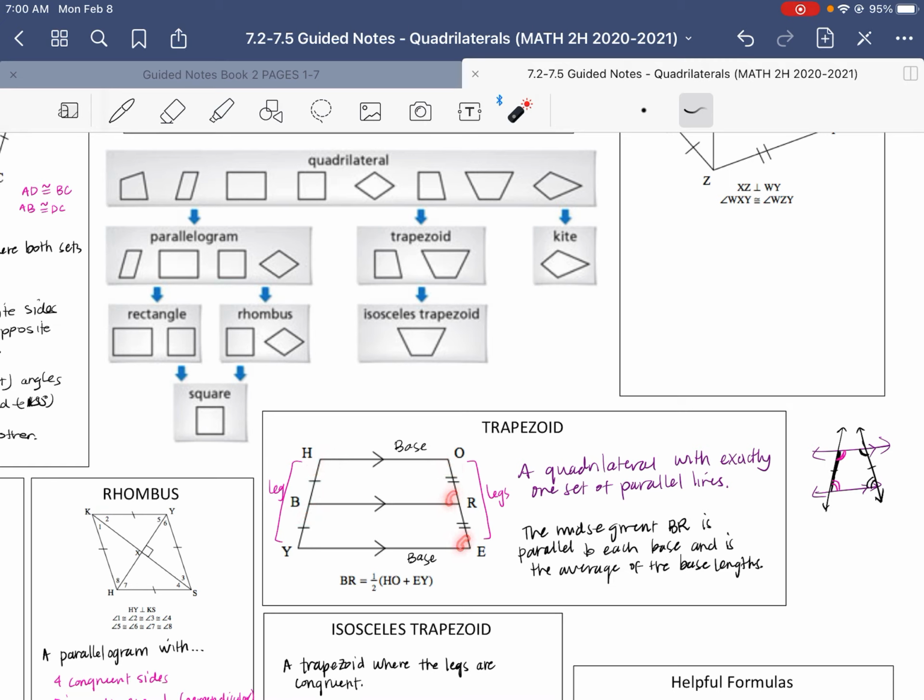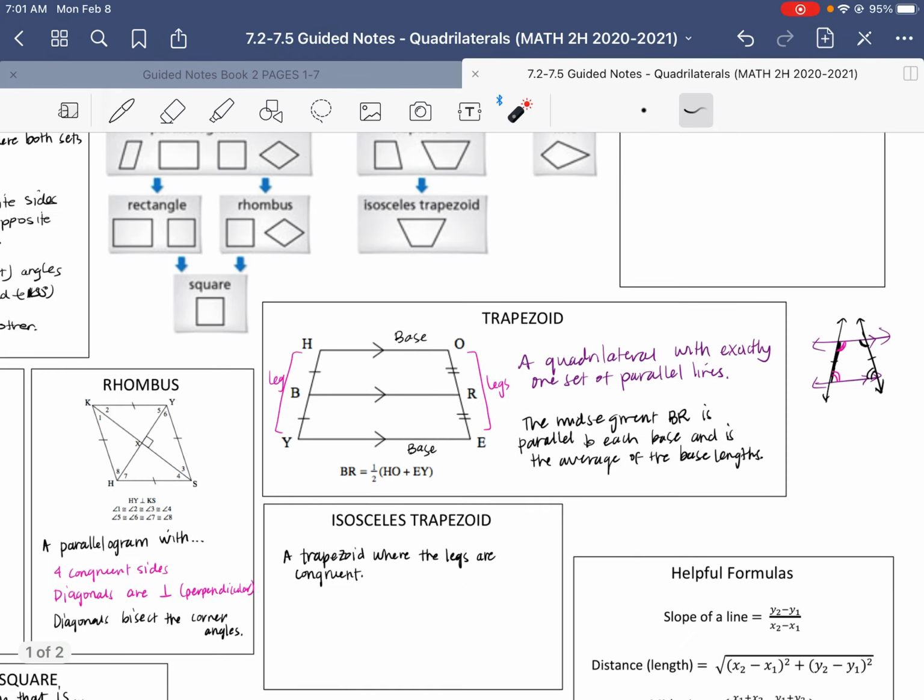These angles would be the same, so we can build off of that idea. And then its length, if I want to find the length of B to R, is actually the average between these two. So you'll notice down here it gives you a little formula. We just do 1/2 the upper base plus the lower base, or in other words, add the bases together and divide by 2. That gives us the mid-segment length, or the average.